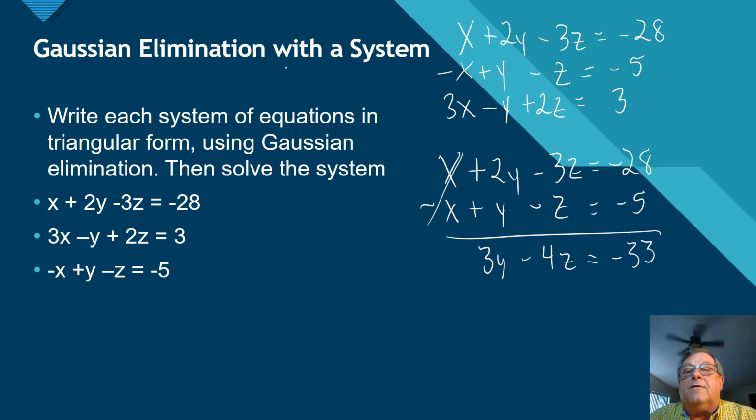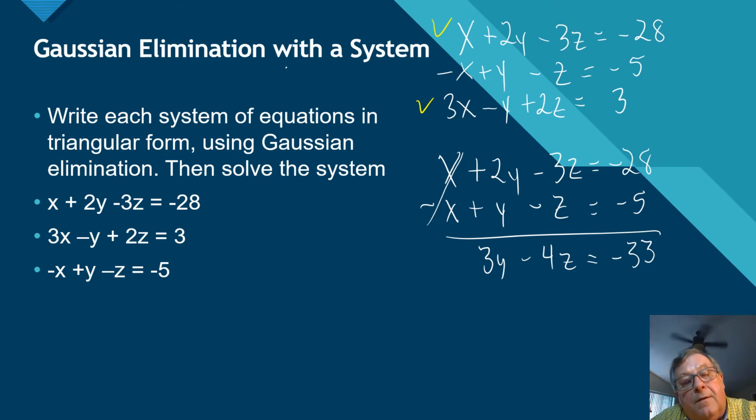And now I'm going to take the first equation and the third equation and work to eliminate the x value from those two. If I multiply that first equation, the entire equation, by negative 3, then I can add it to that third equation and therefore eliminate the x value. So let's start with that.